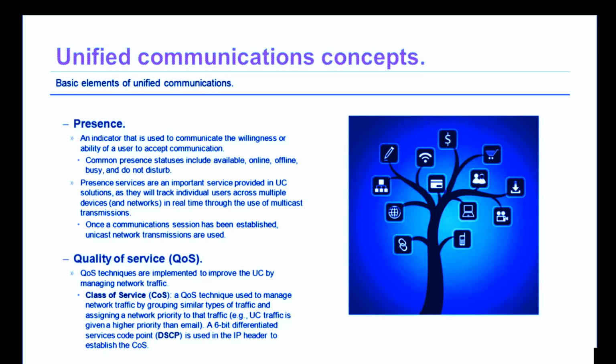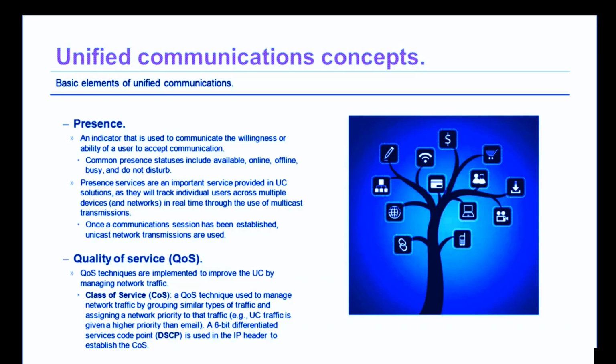Another UC concept that you need to grasp is quality of service. Quality of service techniques are implemented to improve unified communication by managing network traffic. The most common implementation of quality of service is class of service, COS. COS is a quality of service technique that's used to manage network traffic by grouping similar types of traffic and assigning a network priority to that traffic.